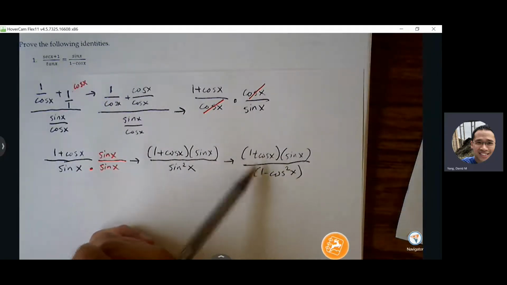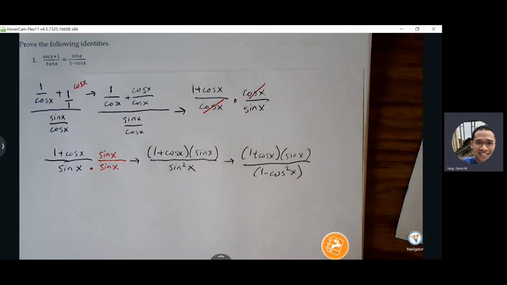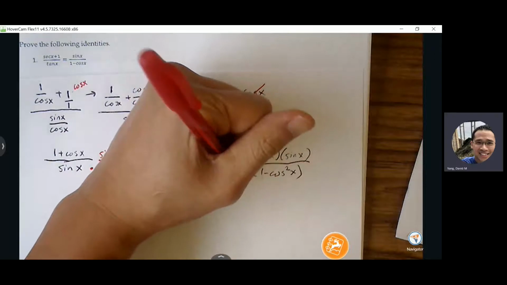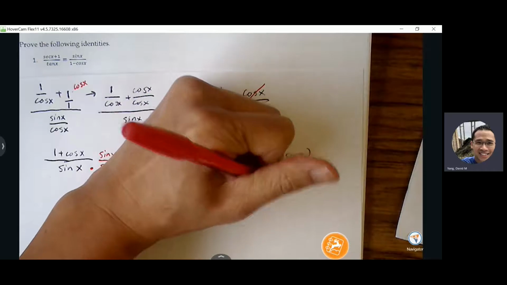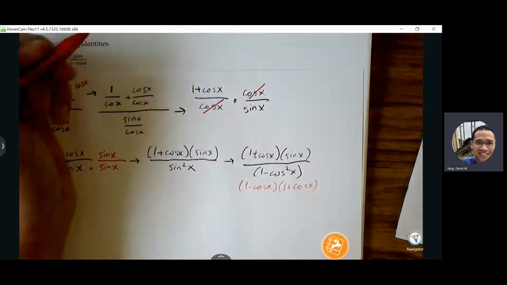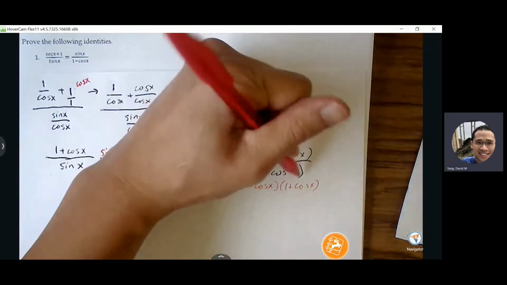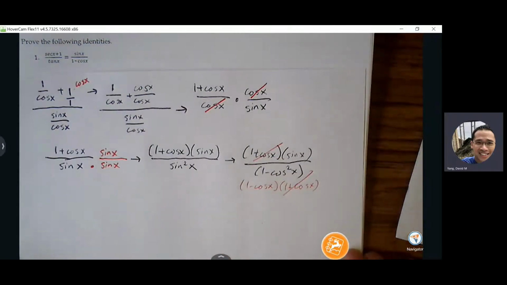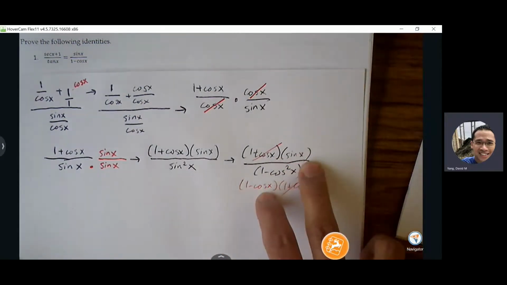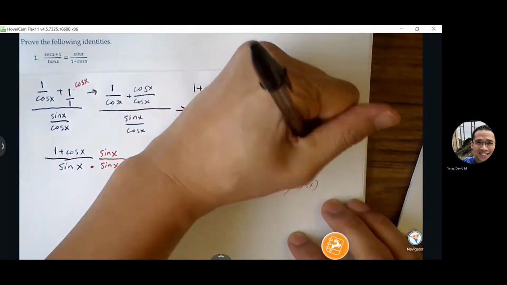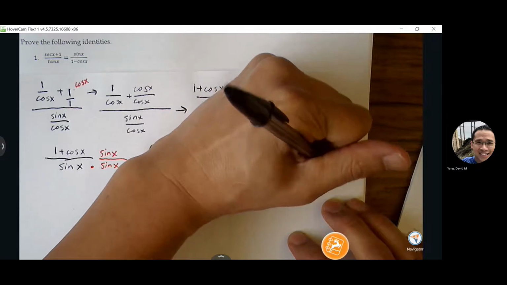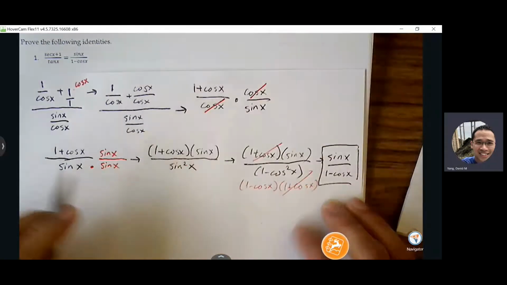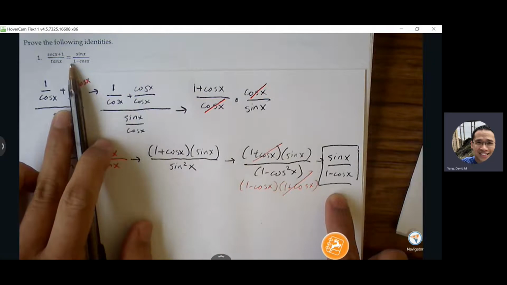Now I can maybe find a match for the numerator by factoring. We recognize this as a difference of squares. Break 1 minus cosine squared down into 1 minus cosine of x times 1 plus cosine of x. We get the two matching parts to go, and then we're left with sine over 1 minus cosine x. And that's exactly what we want. That matches the right side.